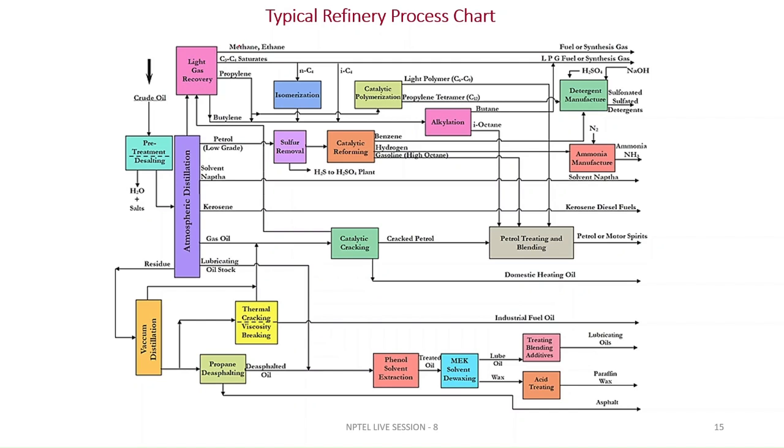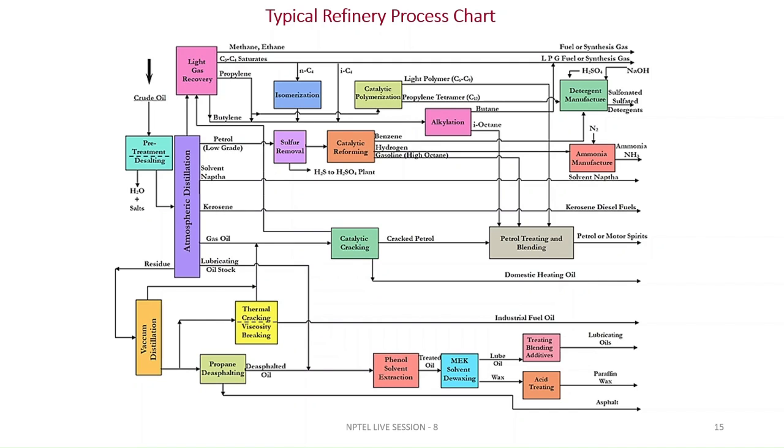So from there will be C1 to C4 gaseous fractions, mainly methane and ethane, C1 and C2. Those will be synthetic gas or fuel. C3 to C4 saturates, those will be considered as LPG, and the propylene, those are further processed through isomerization, catalytic polymerization, and then after polymerization, those are taken to the detergent manufacturing unit and further downstream processes.